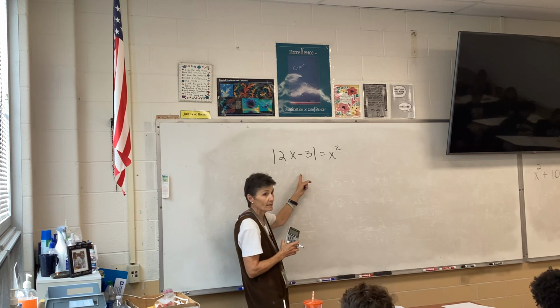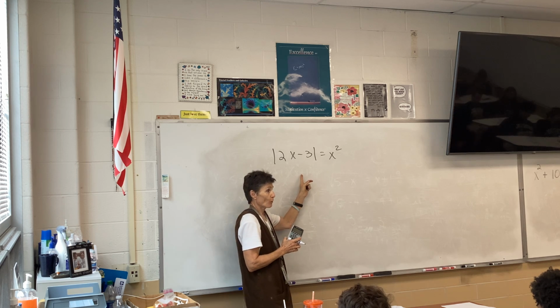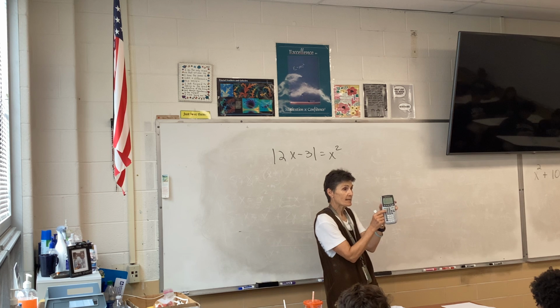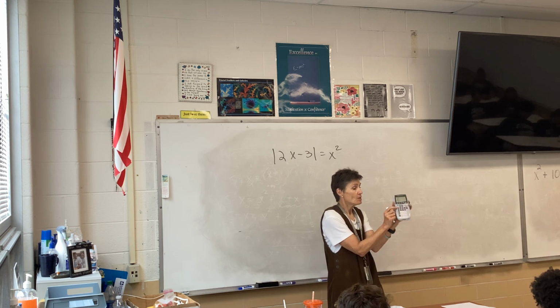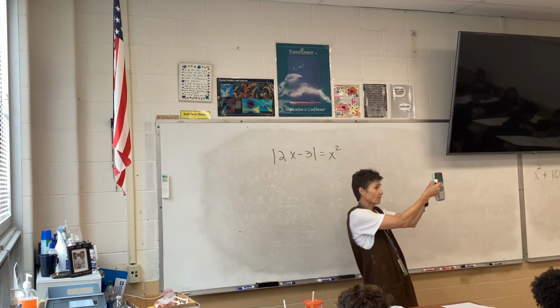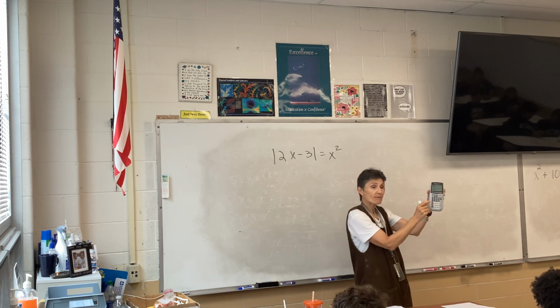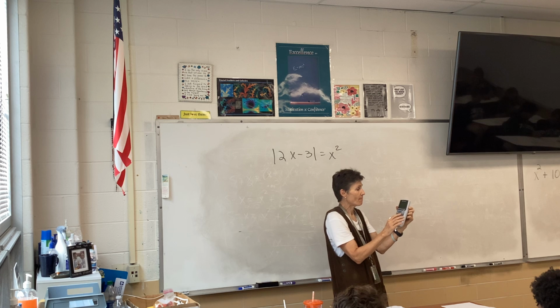Now we're going to put this one in. Your absolute value is located in your math menu. So right here, see where I'm pointing in the first column, the third one down, it says math. Press math. There are lots of things in math.